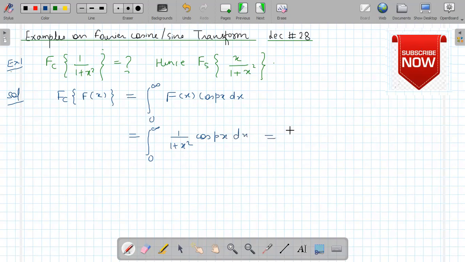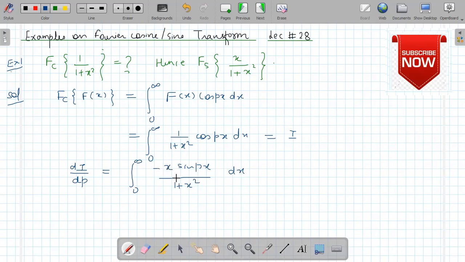We suppose this integration as I and we differentiate this with respect to p, so that we have x sine px over 1 plus x square dx.